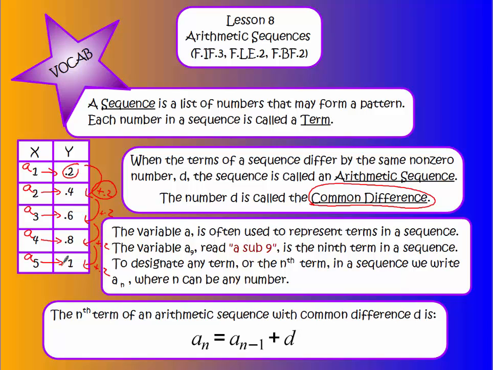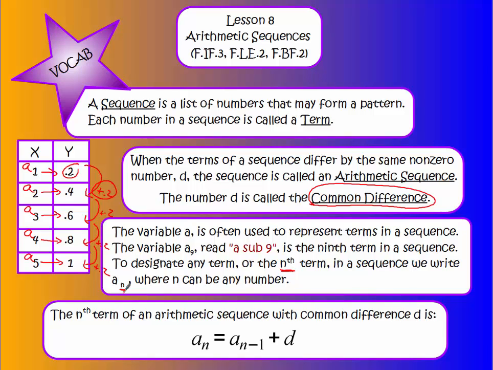To designate any term, if we're just talking about in general, we're looking for some term, we usually call that the nth term. If we're looking for the nth term in a sequence, we write a sub n, where the n can be any number we want it to be.